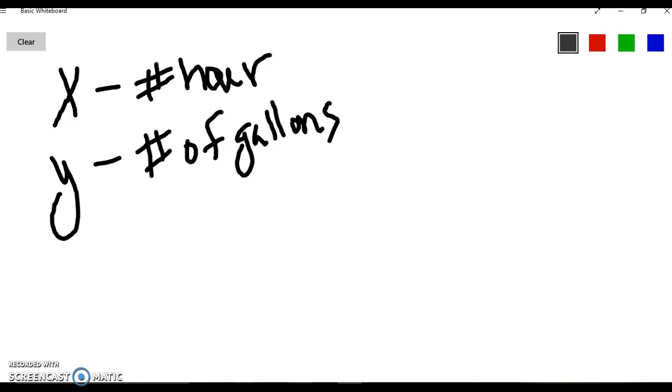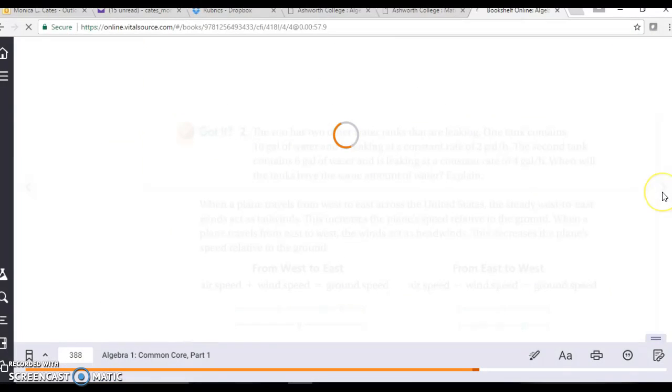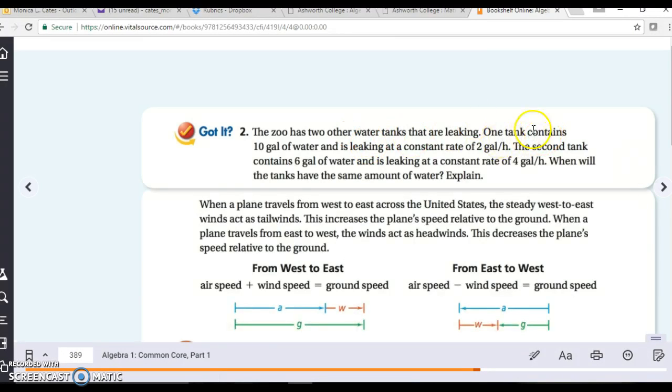Okay, so now let's take a look at what we have for our 2 equations. One contains 10 gallons of water and is leaking at a constant rate of 2 gallons per hour.